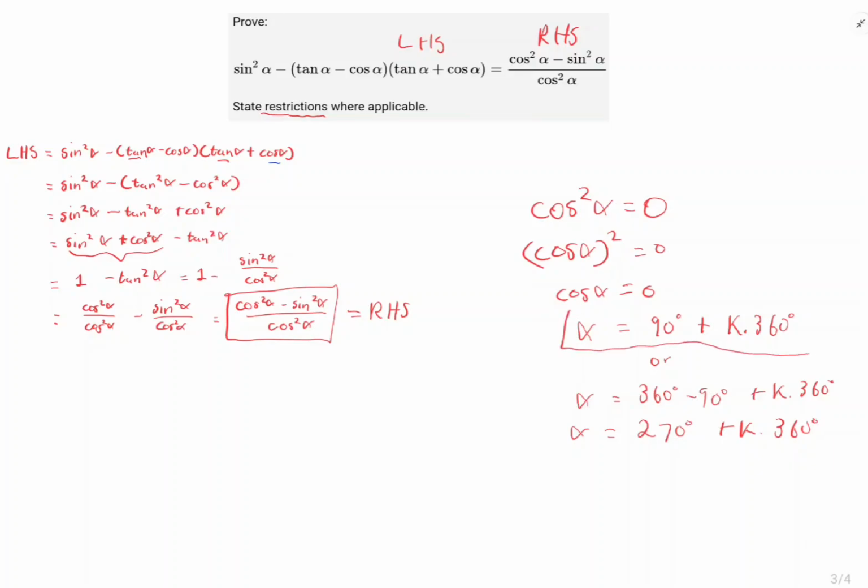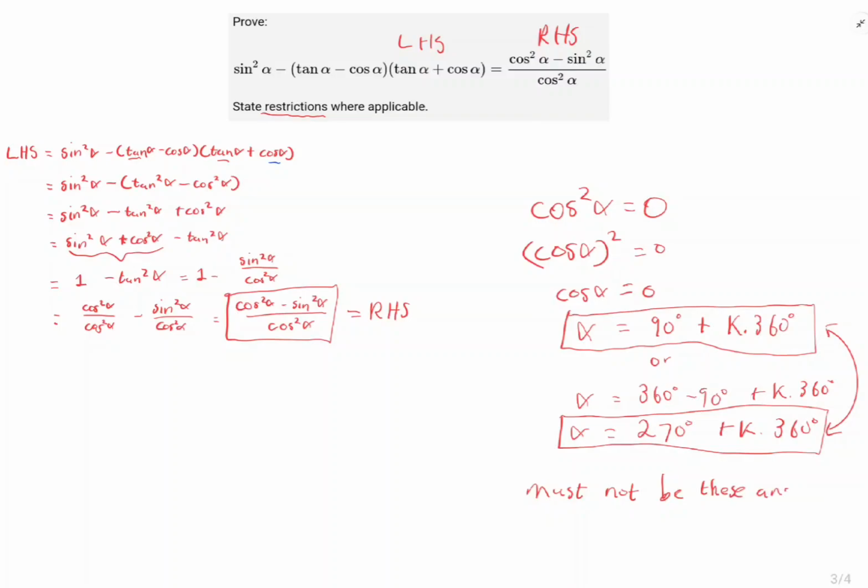So essentially what we're saying here is that the angles must not be these answers. I forgot to say k is an element of the integers.